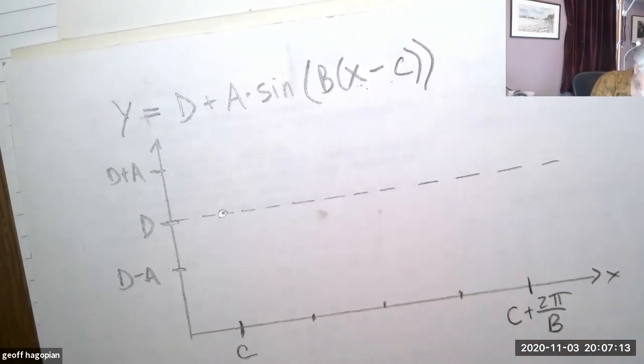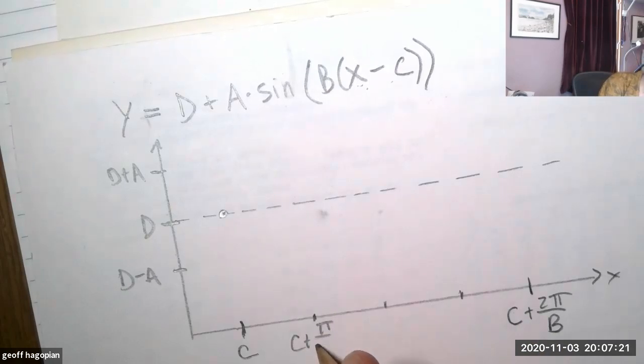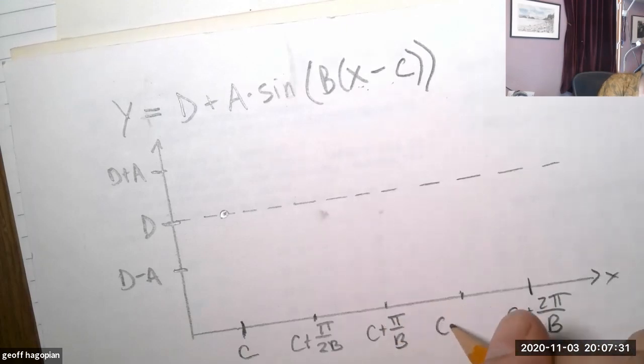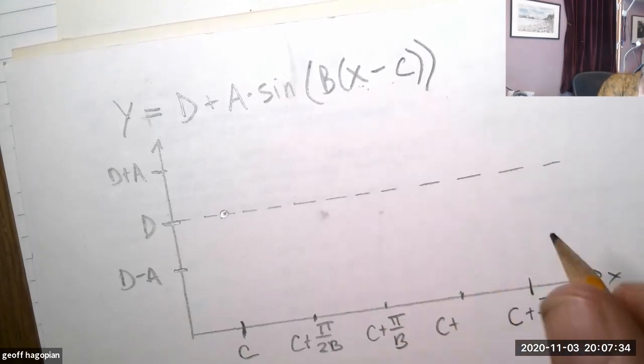All right, so what is this? Well, a quarter of 2 pi over b is pi over 2b, right? So this is c plus pi over 2b. This is c plus pi over b, halfway. And this is c plus 3 pi over 2b.